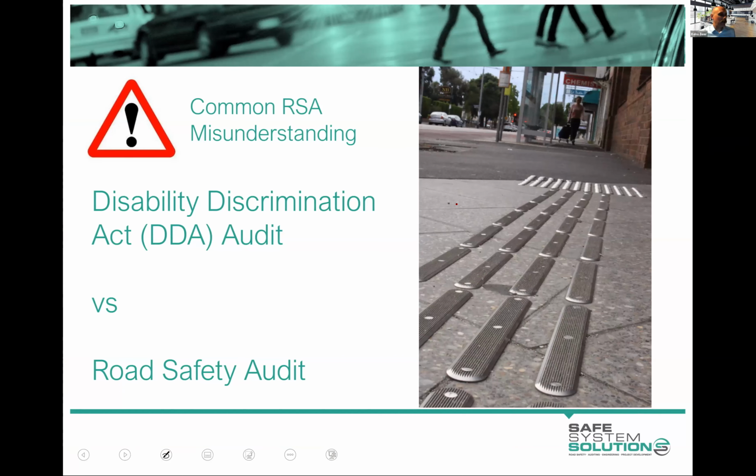So a bit of a warning here. The misconception that is out there is that a road safety audit is also a Disability Discrimination Act audit, a DDA compliance audit as well. But the road safety auditor is not going to pick up all those DDA issues. Now, the Disability Discrimination Act is a bigger, wider thing than just the roads.